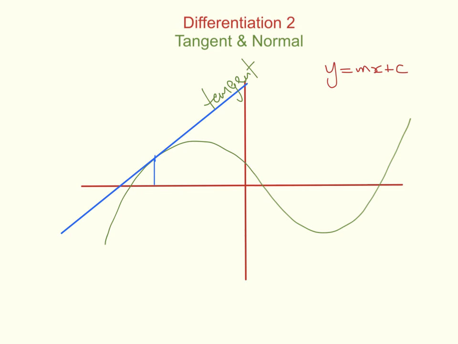Okay, so now we've got that. Now, before we move on further, I must say this to you. If you looked at my previous video, you'll remember that I said in that video that by differentiating the equation of this curve, what we're actually doing is finding the gradient at any point on that curve.